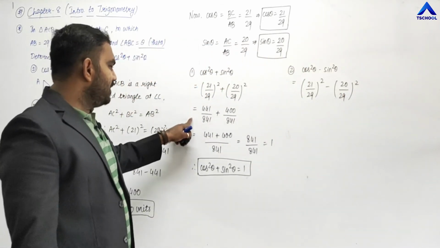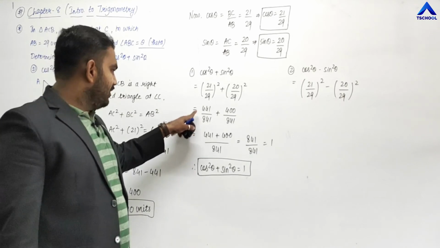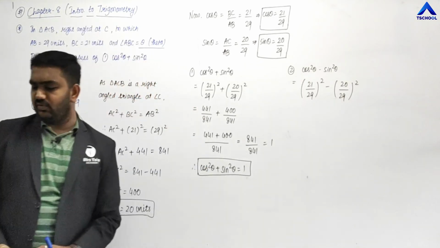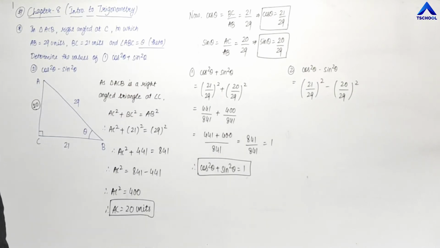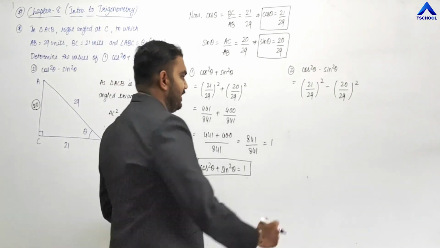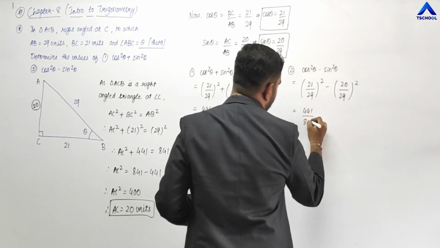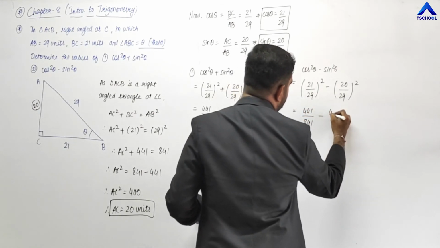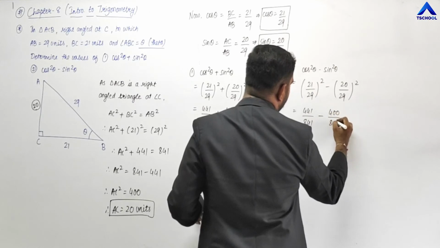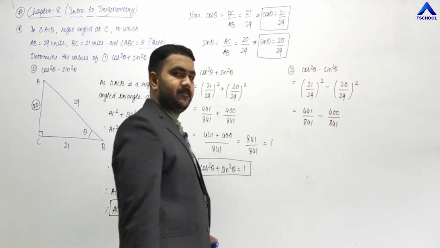Again, as we seen here, both the terms, numerator and denominator, were made squares differently, and hence we get here 441 upon 841 minus 400 upon 841.